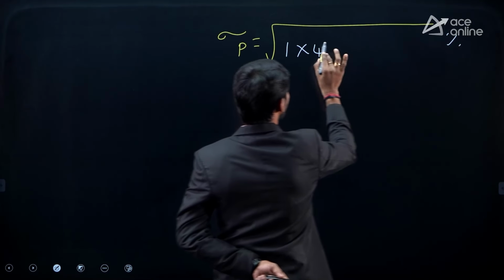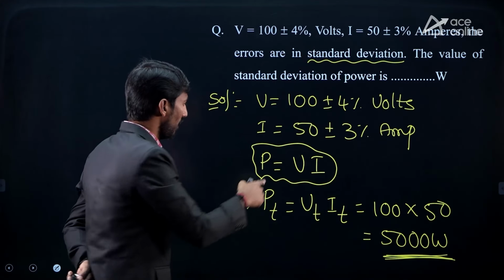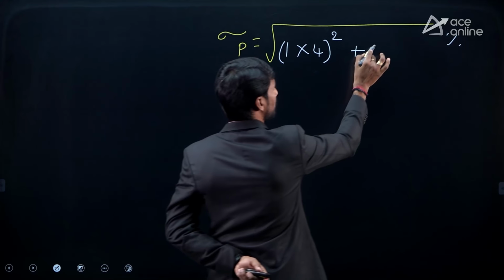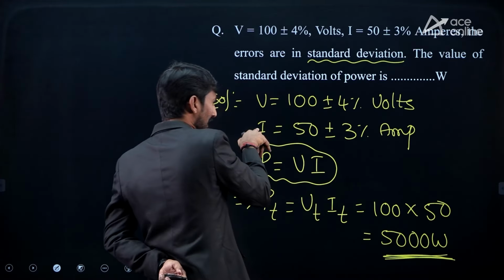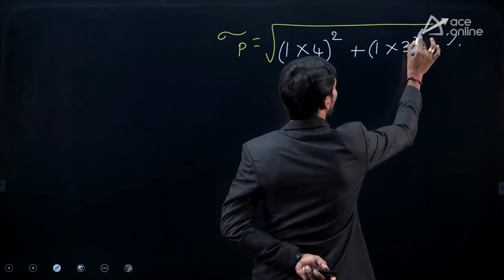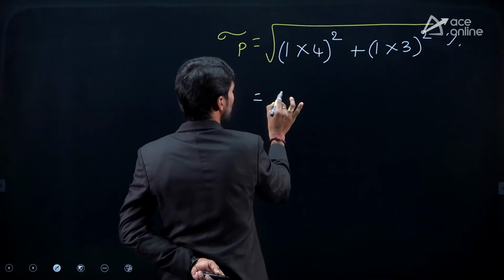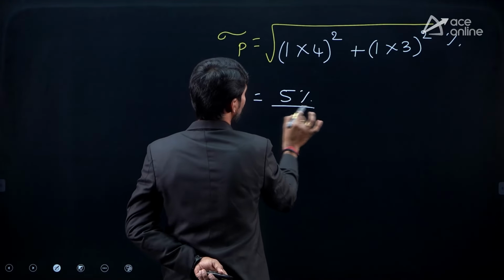Keep the percent outside. Yes, square, plus. Okay. What is the power of I? 1 into, what is the current error? 3. So 3% square. So what is the value now? 4 square plus 3 square, simply you are going to get 5%.